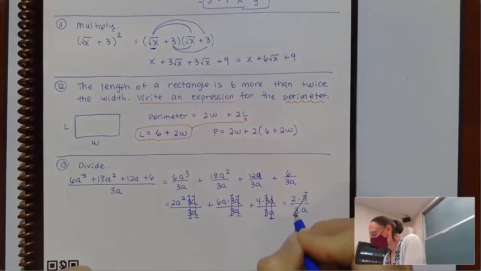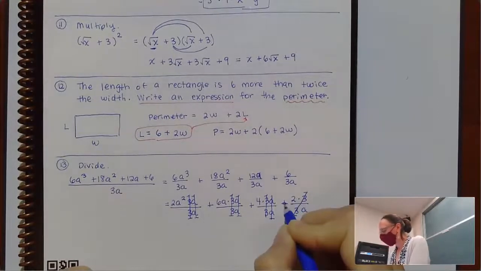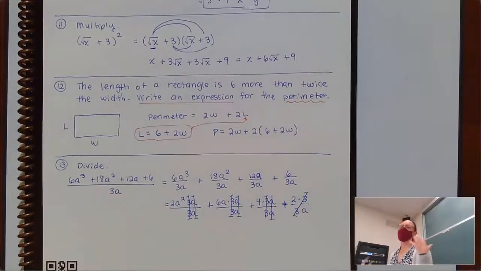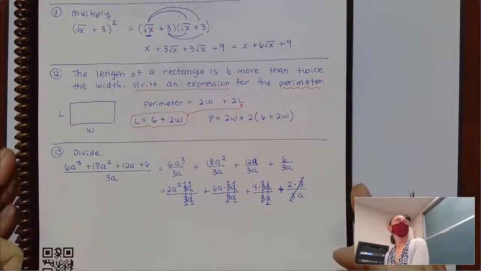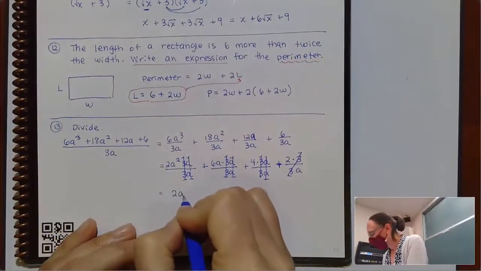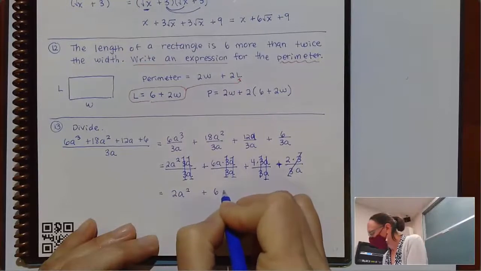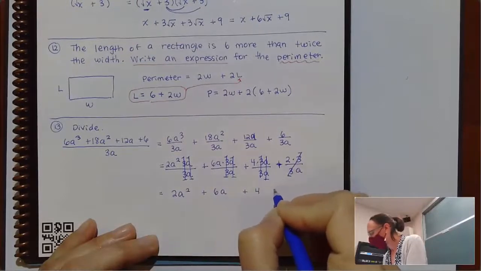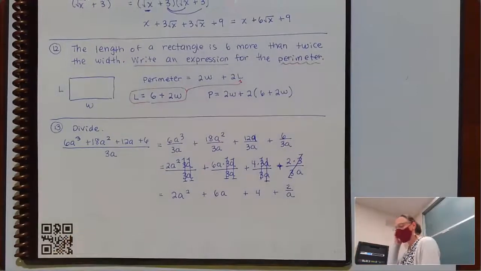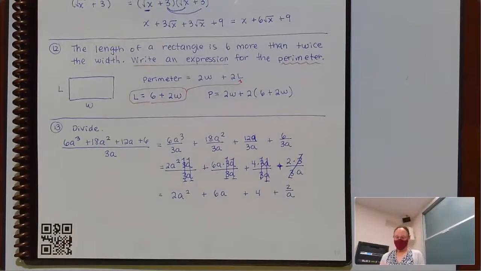So my 3's will cancel out, but not the 2 or the a in the bottom. So if I recollect that back together, that turns into 2a squared plus 6a plus 4 plus 2 over a. And that's really where I would leave it.